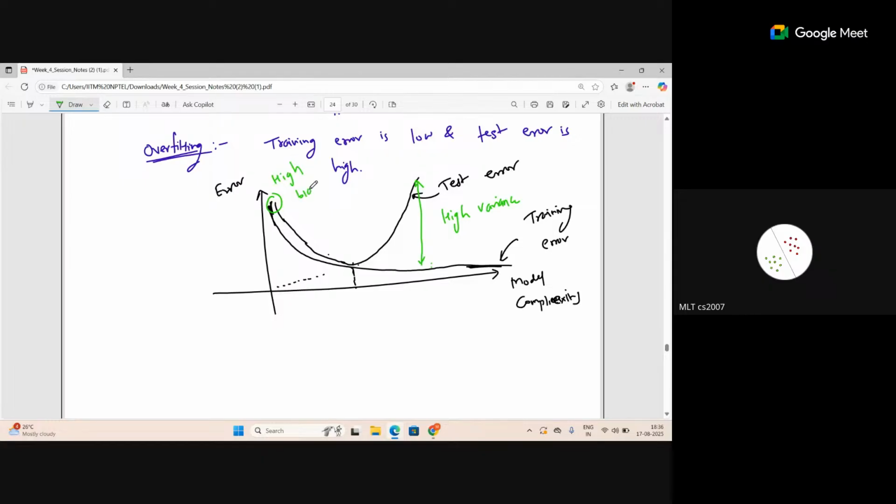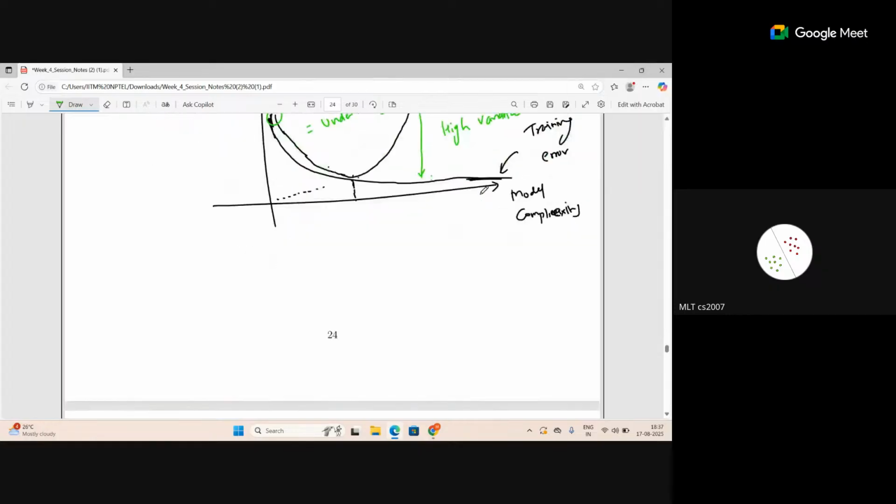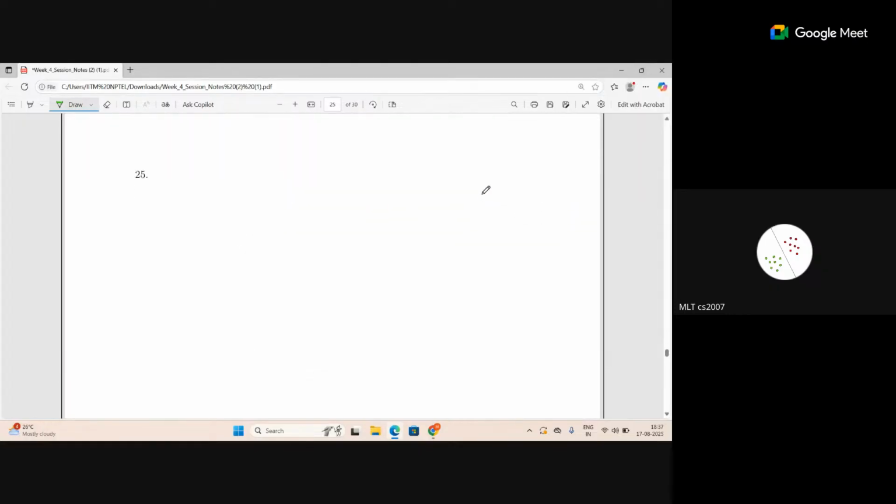High variance is associated with overfitting, and high bias is associated with underfitting. So let's try to understand the example for high bias, and then we'll join these two concepts together.